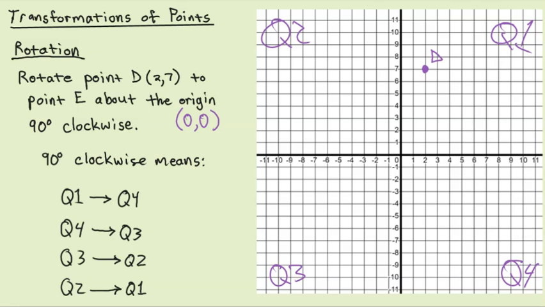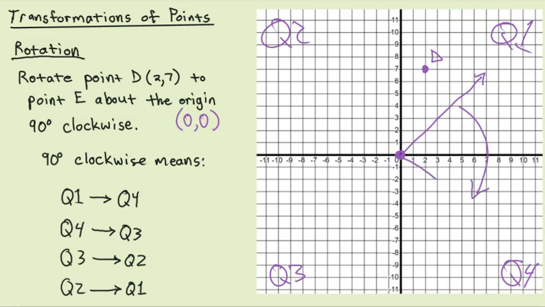And that's how we can rely on this 90 degree clockwise going from quadrant to quadrant, because we're rotating around the origin. And in a way, what's happening here is we have this like hand of a clock that's moving clockwise. It's moving this direction, and it's centered at the origin.